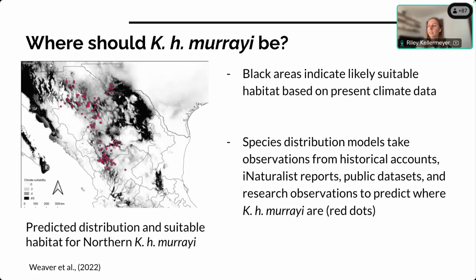And then he took data that's largely publicly available from historic accounts, iNaturalist reports, public data sets, where hirtipes murrayi have been identified, and built a distribution model. Where do we think that these individuals are? And you'll notice that the suitable habitat and where we think these turtles are, which are these little pink dots here, don't fully overlap, which is just an interesting observation that we will get back to later.